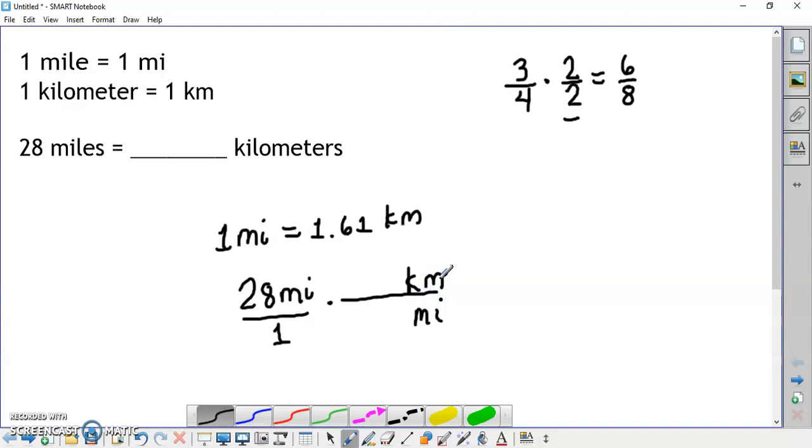In order for the conversion factor to equal 1, I need equal amounts. Since 1 mi, miles, is equal to 1.61 km, kilometers, 1 mi is in the denominator and 1.61 km is in the numerator.